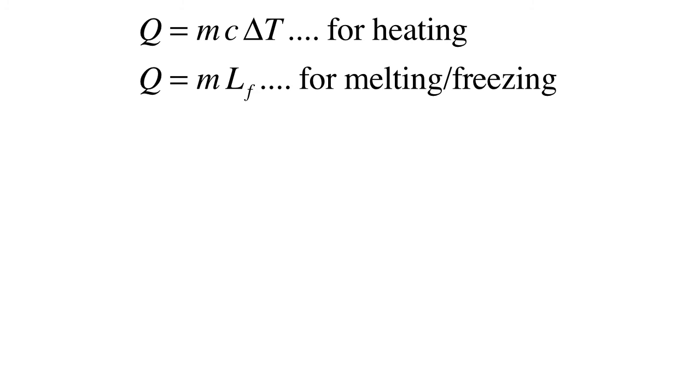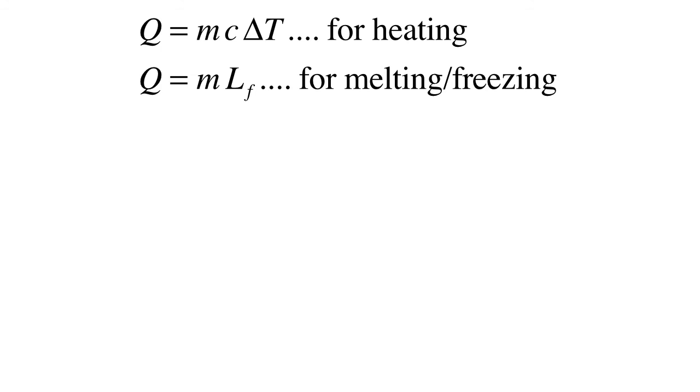So for the ice here, delta T is 5 kelvins. And for both liquid and ice, the mass M is 400 grams, but the specific heat is different. So we have this top equation, Q equals MC delta T, the heat up equation, and we're going to use it twice, once for ice and once for liquid water.